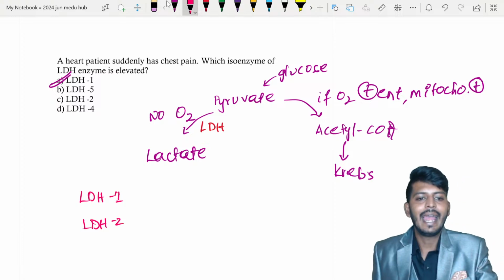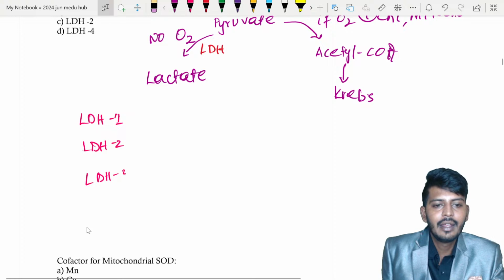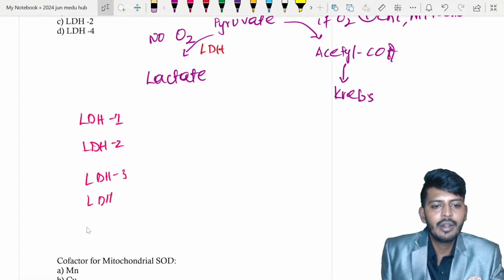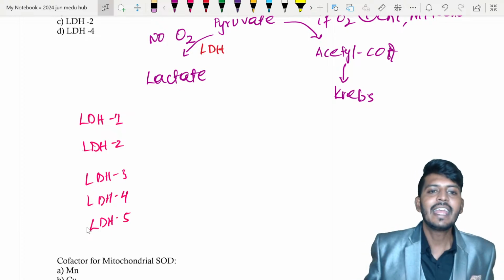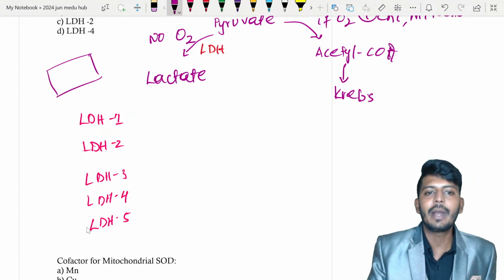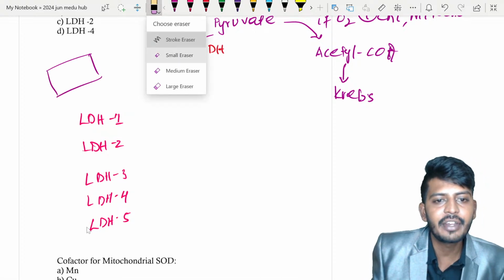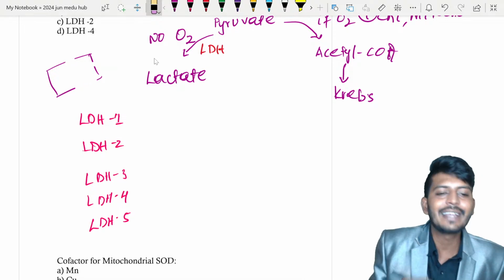So this LDH enzyme has isoenzymes. LDH has 5 isoenzymes: LDH1, LDH2, LDH3, 4 and 5. तो ये क्या होगा, आप ध्यान से सुनो. Whenever a patient has a myocardial infarction, मान के चलो this is one cardiomyocyte. In the myocardial infarction the cardiomyocyte is dead.